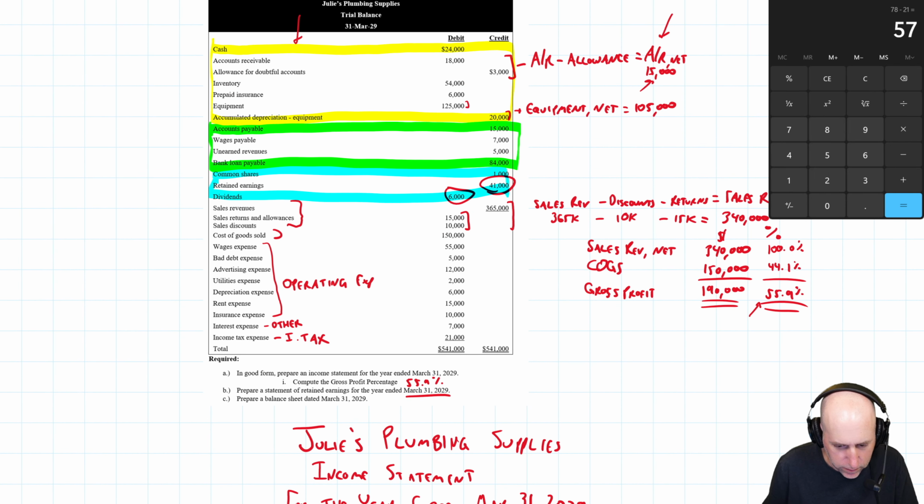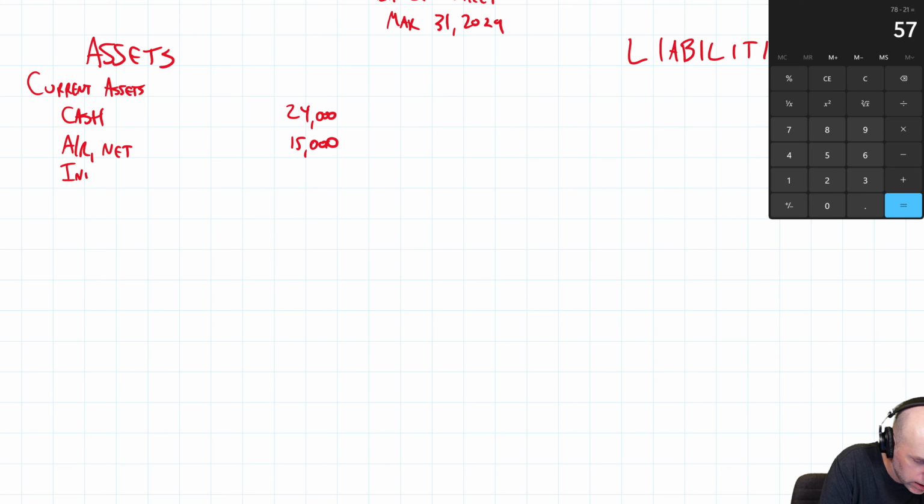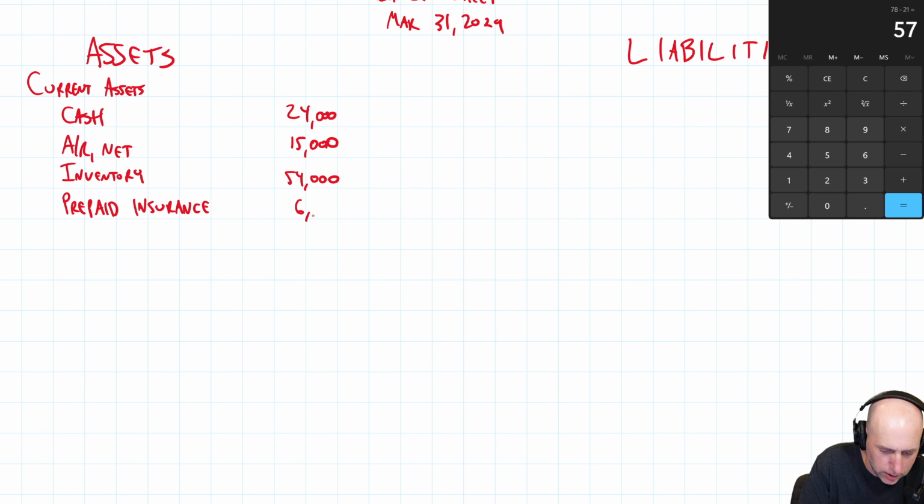Continuing, we of course have inventory, 54. We have prepaid insurance of 6. Inventory, 54,000, and prepaid insurance, 6.